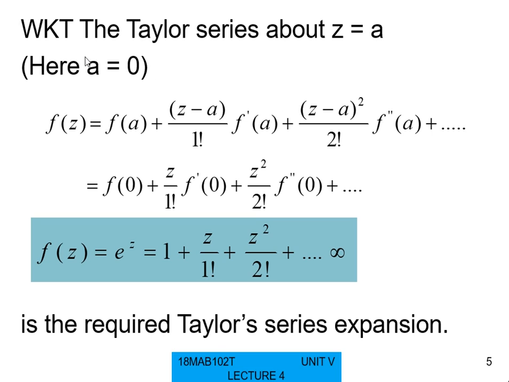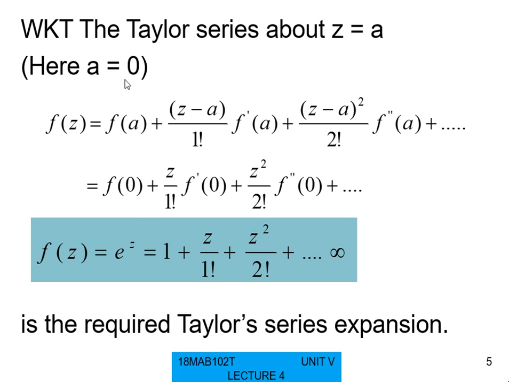In this problem, the point is 0. Substitute a equal to 0. We already found the values of f of 0, f dash of 0, f double dash of 0. Substituting, we get the required Taylor series expansion about the point z equal to 0.